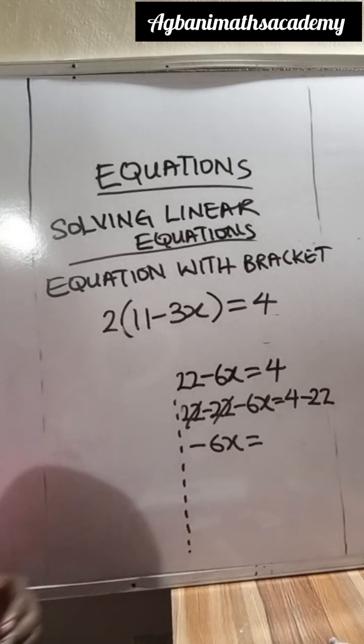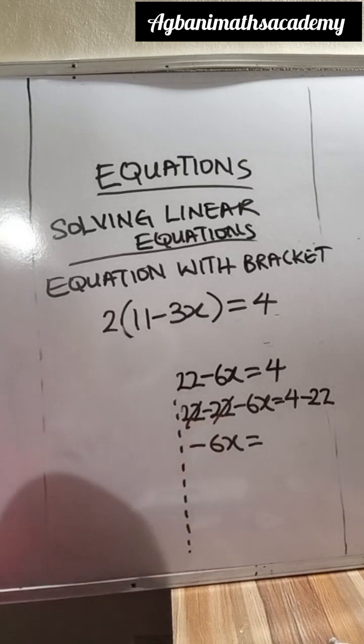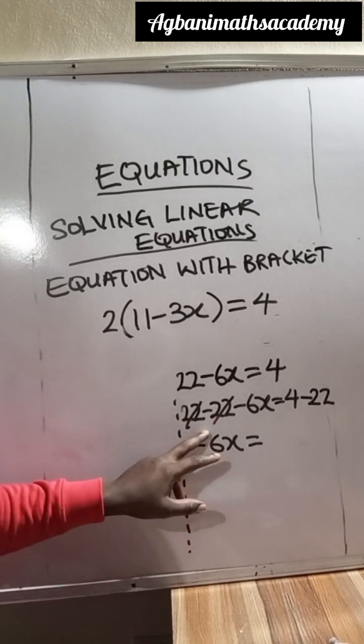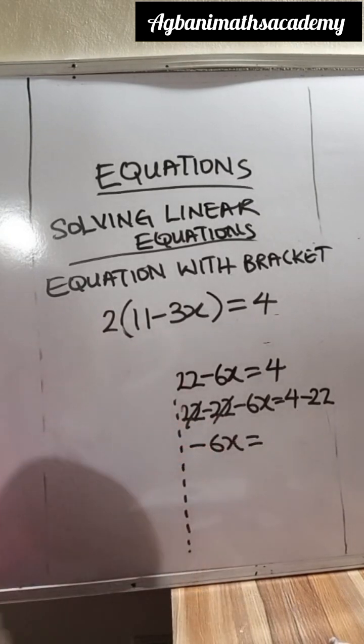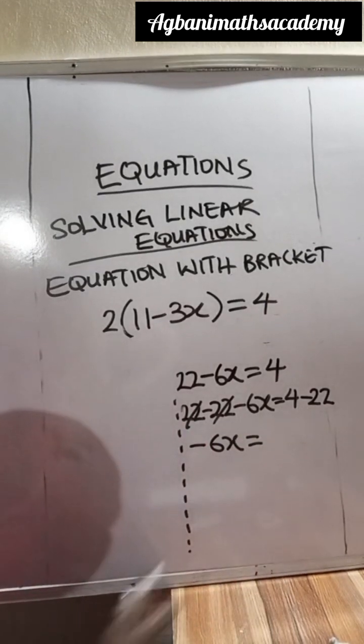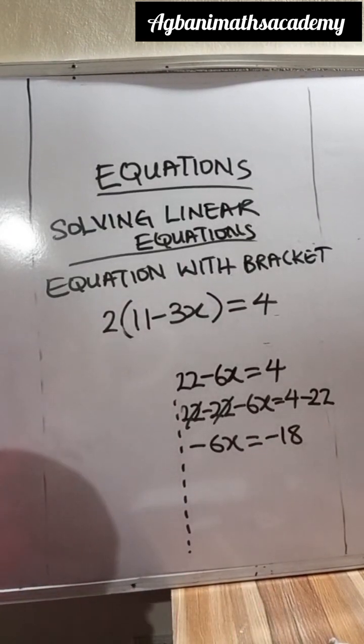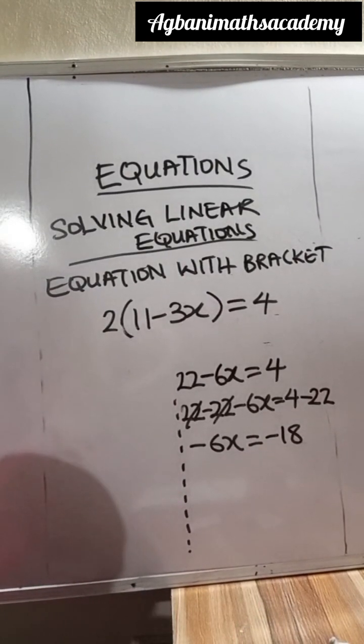We introduce the opposite of the number in order to cancel out the number, and when we do it to one side, we have to do it to the other side. Somebody has given us the answer: 4 minus 22 is minus 18.